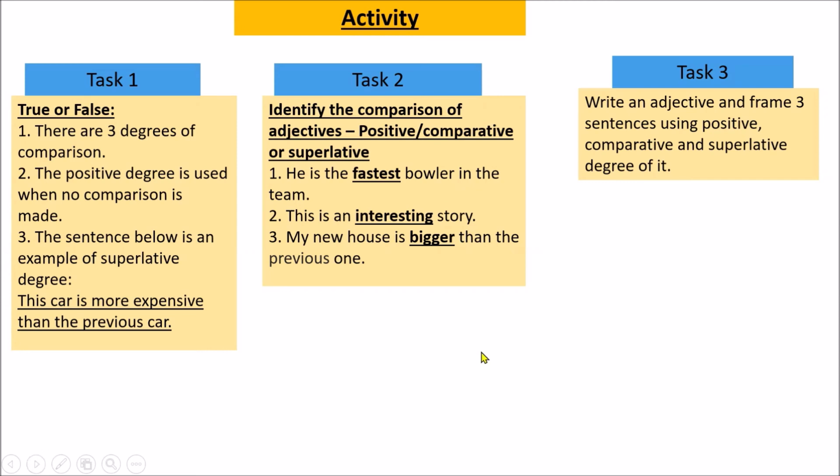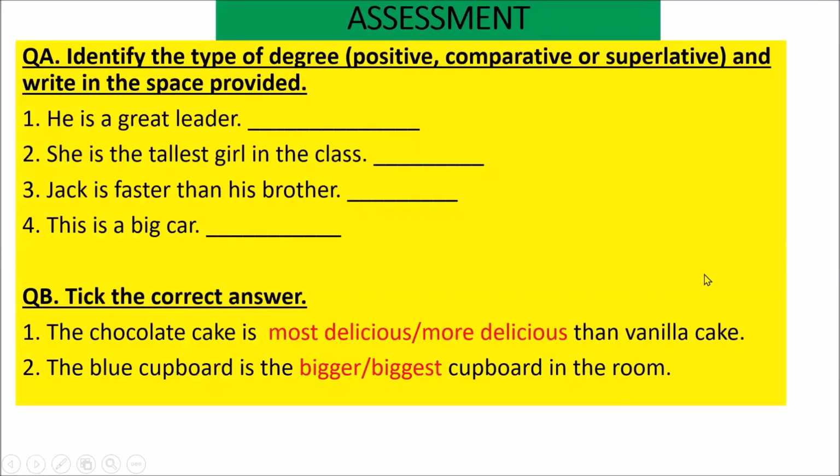Once you have understood the concept and you have done the activity, I have an assessment for you. You can see here there are 2 types of questions. Identify the type of degree, positive, comparative or superlative, and write in the space provided.